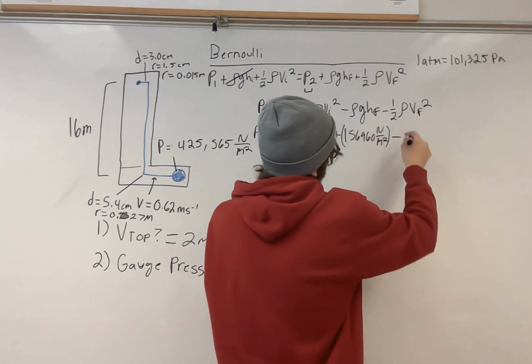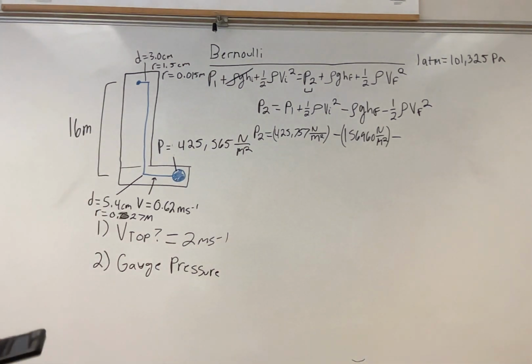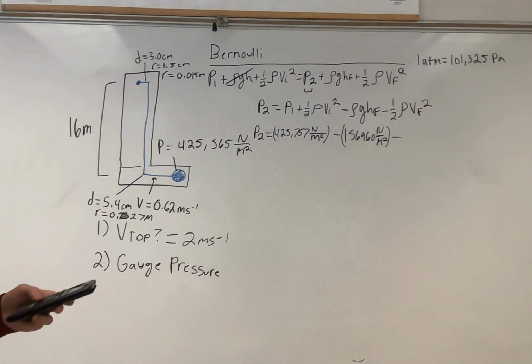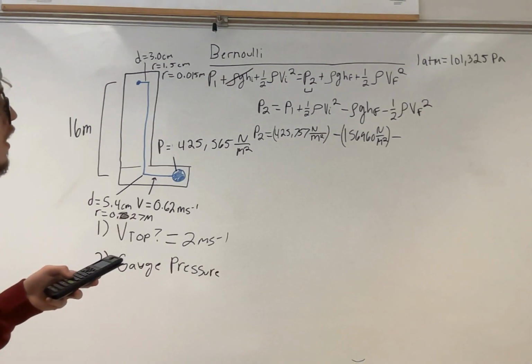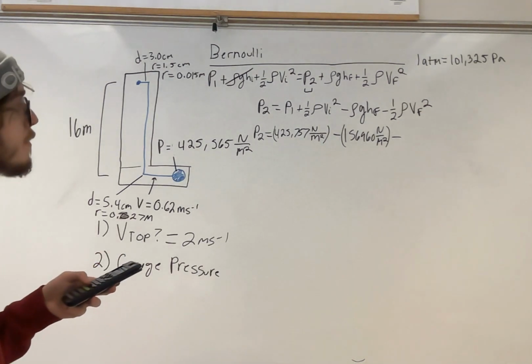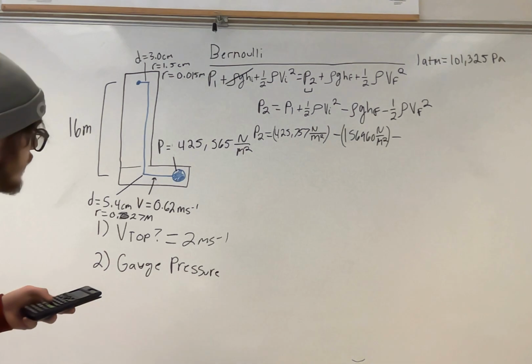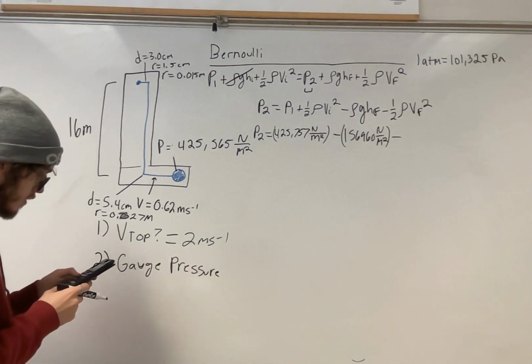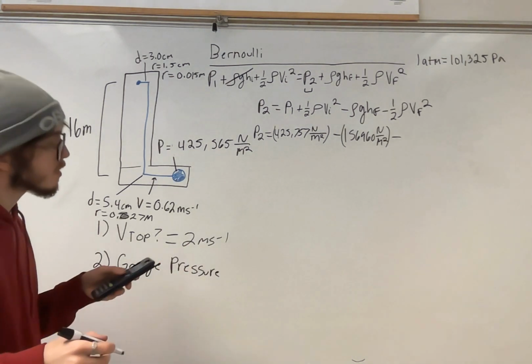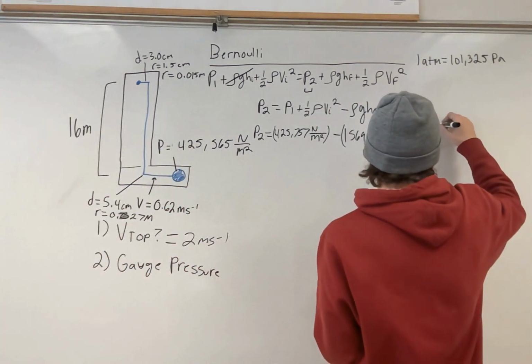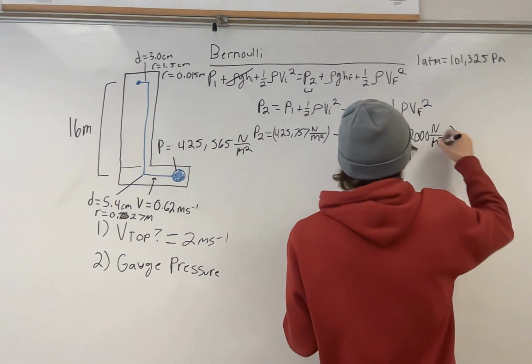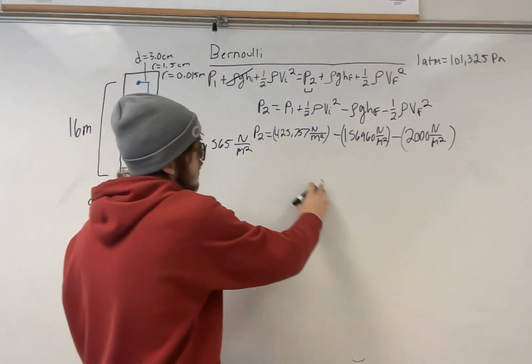And then we need to subtract that by the pressure due to kinetic energy, which is 1/2 times the 1,000 kilograms per cubic meter for the density, and then we need to times that by the final velocity, which we found to be 2 meters a second. So we square that and we get 2,000 newtons over meter squared.